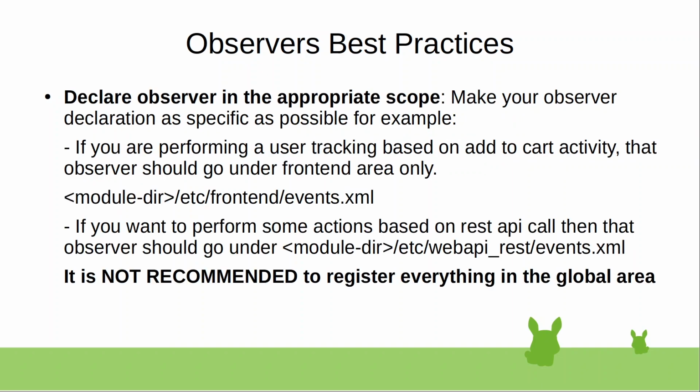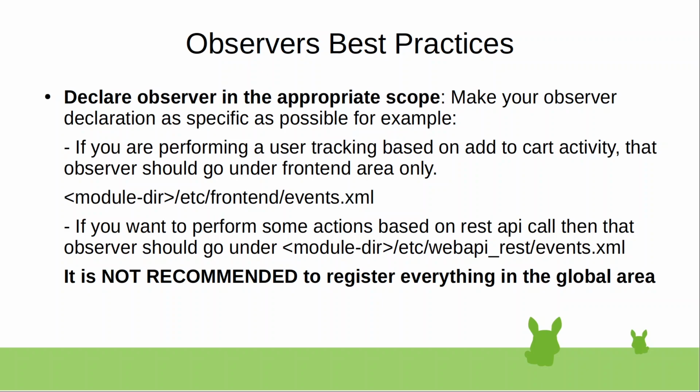The third one, and that's a very important one, declare your observer in an appropriate scope. If you know that you're going to use this observer only for an event fired for a particular area, let's say if you want to do some actions when add to cart occurs from the front end, then that event should always be observed under the front end area and not under the global area. There are two disadvantages of it. Let's say you're tracking something of a front end customer and you have created an observer based on product add to cart after.